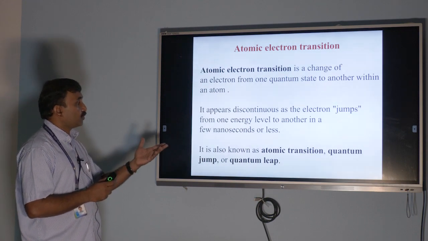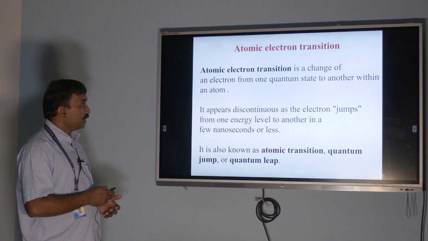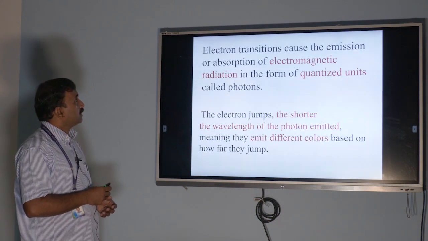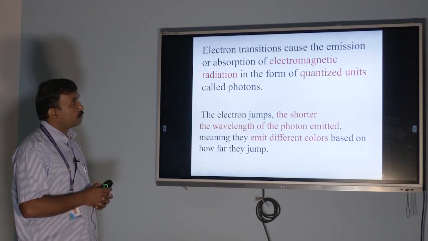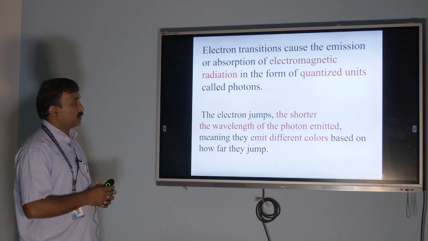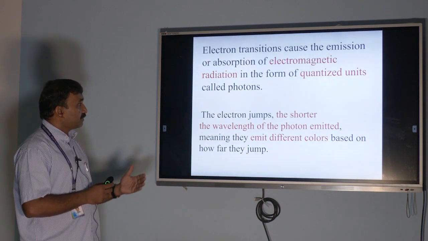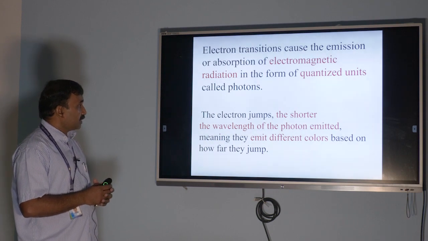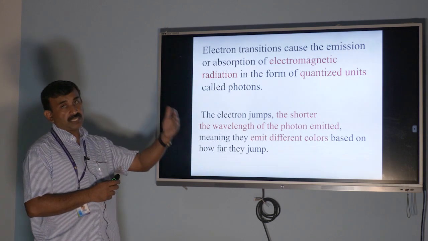So it is also known as atomic transition, quantum jump or quantum leap. Electron transitions cause the emission or absorption of electromagnetic radiation in the form of quantized units called photons. The larger the electron jump, the shorter the wavelength of the photon emitted, meaning they emit different colors based on how far they jump.